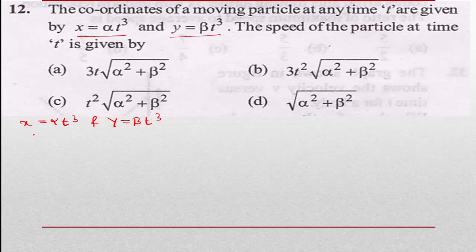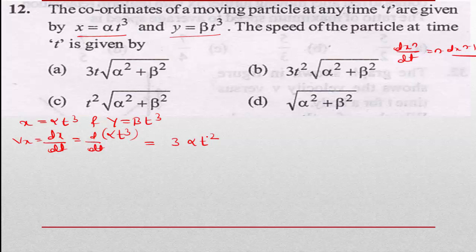The speed of the particle at the time, we know the formula, Vx is equal to the rate of change of displacement, dx divided by dt. Here d divided by dt of x equal to alpha into t cube, we get the answer 3 alpha into t square, because it is in the form of d x to the power of n divided by dt is equal to n into x to the power of n minus 1.